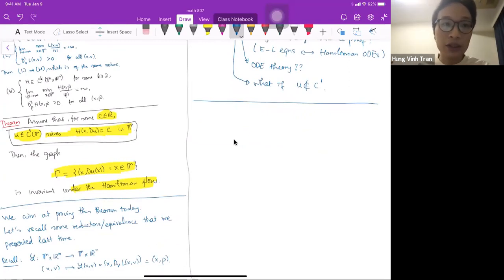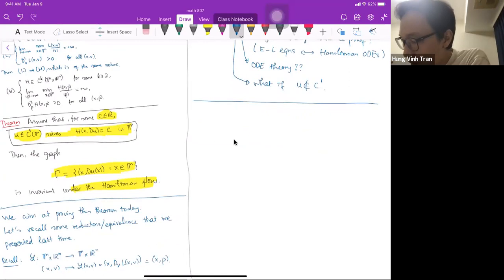So today we're going to use the Lagrangian framework. And we also need to discuss why. Sometimes it's better to use the Hamiltonian framework and sometimes it's better to use the Lagrangian framework.